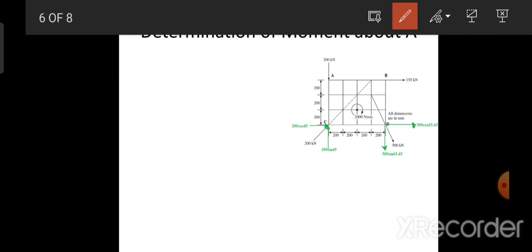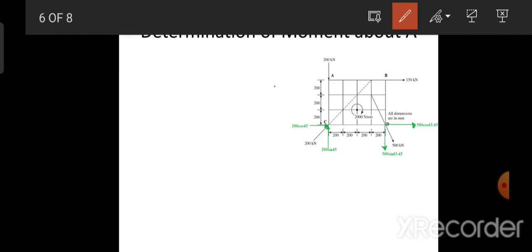As we know, we have the force system, but not all the forces can be considered for the calculation of the moment, because some of the forces pass through the line of action of the reference point, and their moment should not be considered. Why?